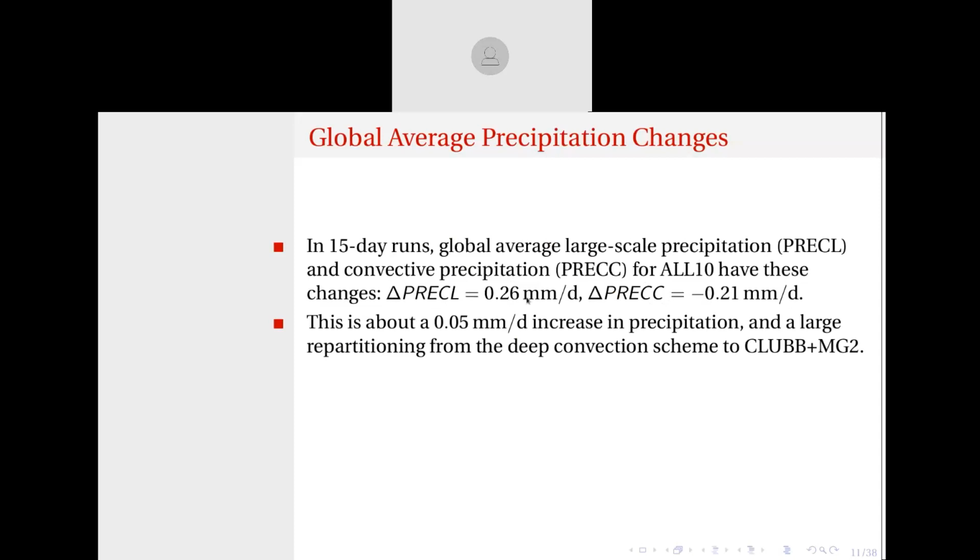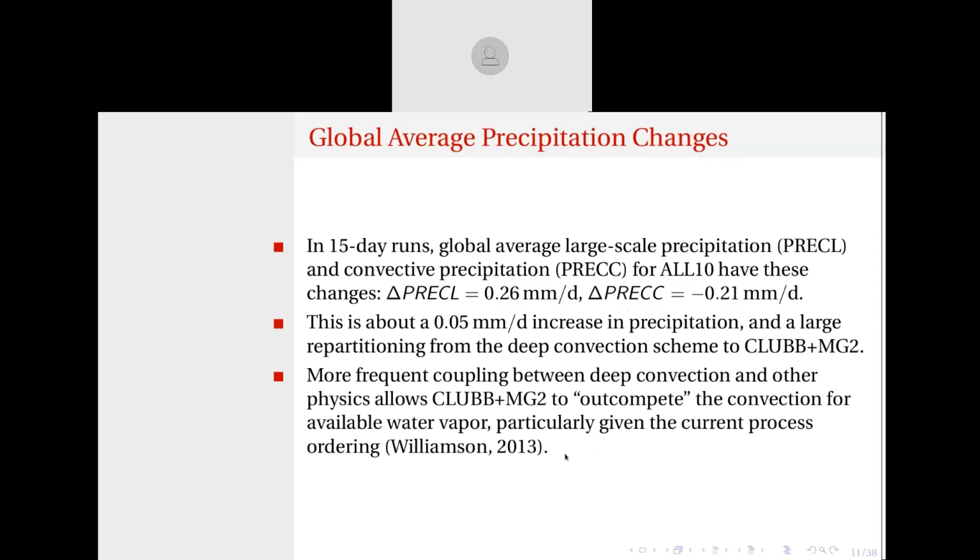It's mostly just the large-scale precipitation being stolen away from the deep convection scheme, although there is a 0.05 millimeter per day increase in total precipitation as well. And so CLUBB and MG2, which we've really changed the time steps of, are responsible for this part, and then there's a separate deep convection scheme that's responsible for the convective precipitation.